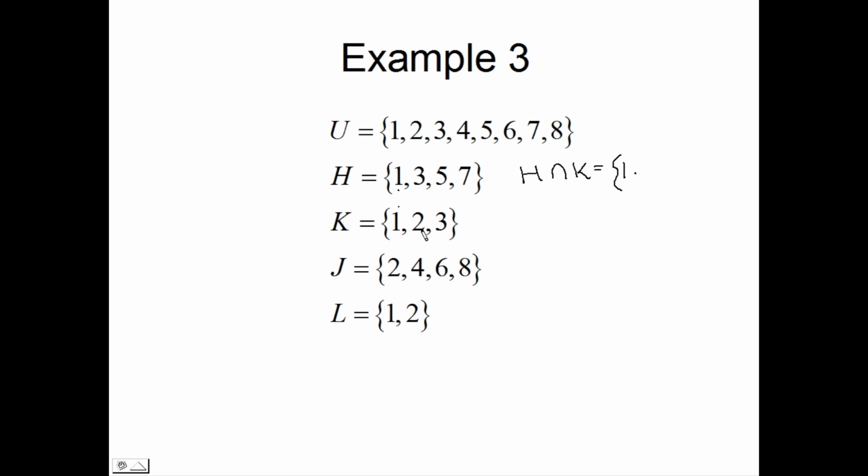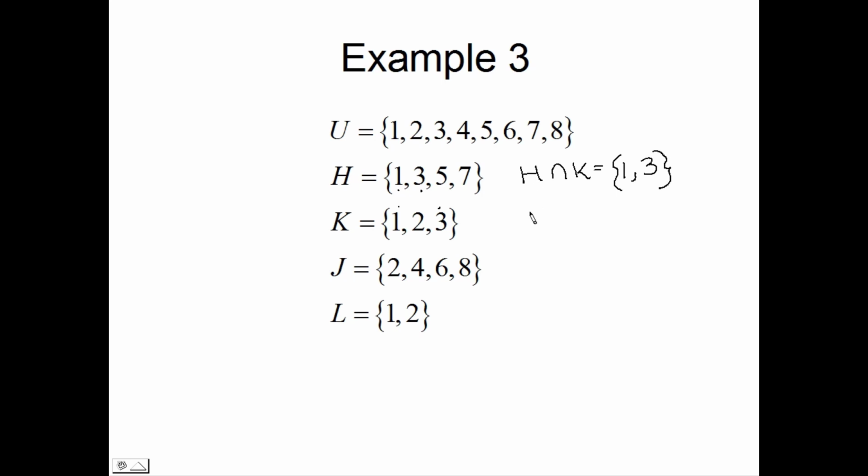What about 2? Is that in both of them? No, 2 is only in K, so we can't use 2. But what about 3? 3 is in both of them, so we can use 3. What about 5 and 7? They're in H, but they are not in K, so we can't use them. These are the only things that are in the intersection of H and K.